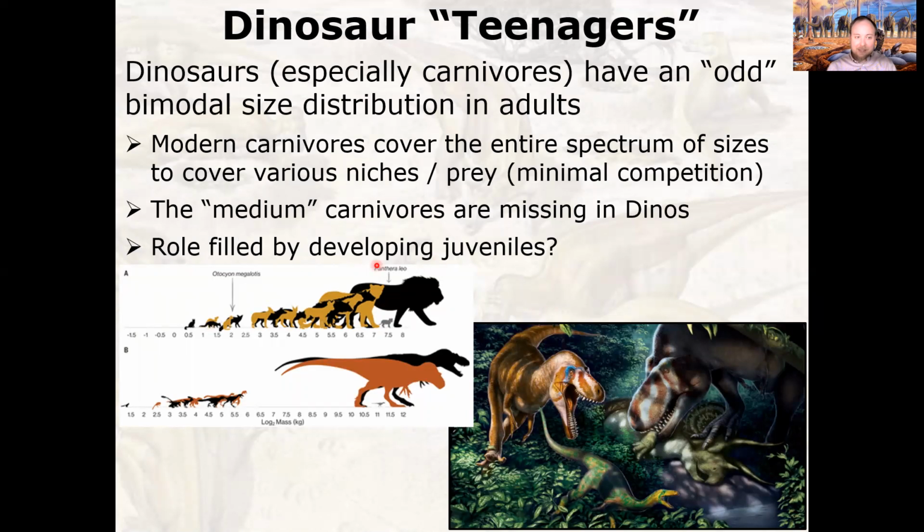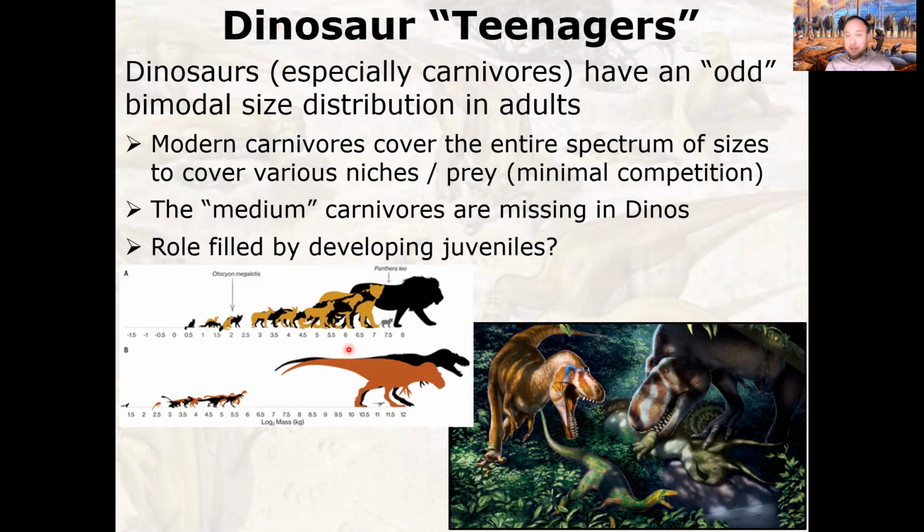If we look at modern carnivores, so like if you go visit the modern African savanna, there's a whole wide spectrum of different carnivores that are preying on different organisms. So modern carnivores are over a whole size spectrum. They're hunting different things. Small organisms like mongooses are hunting smaller things.